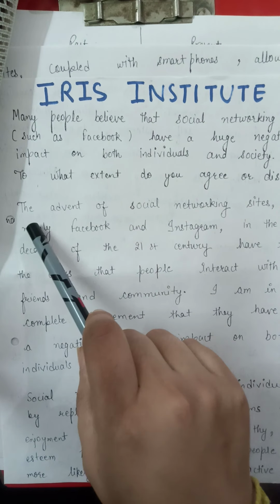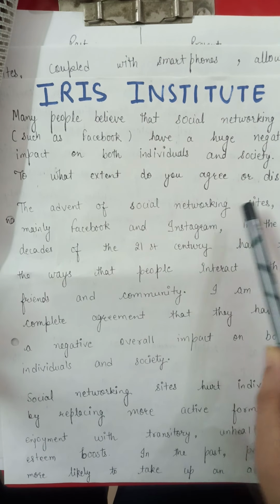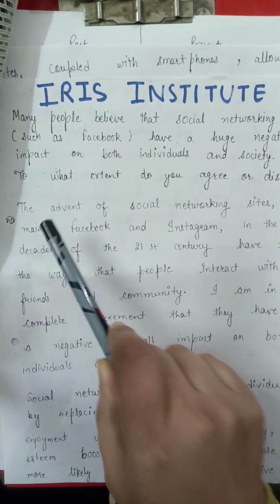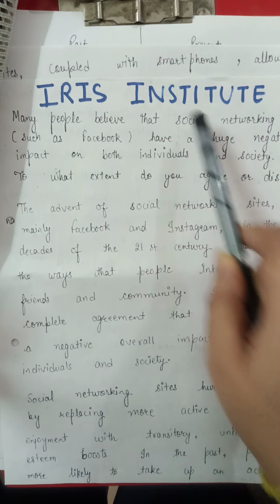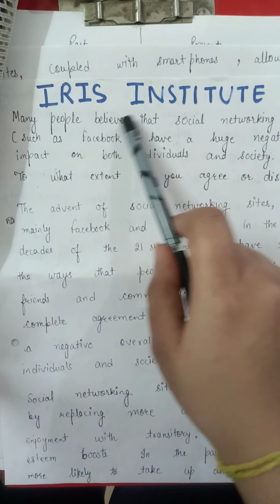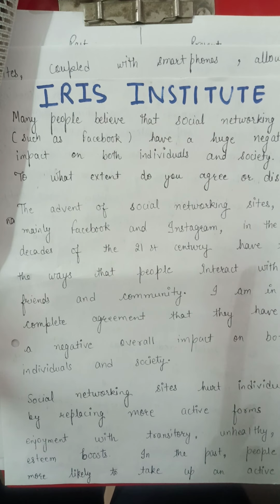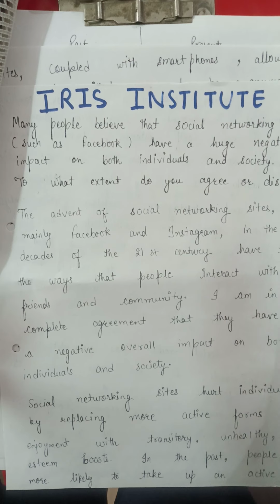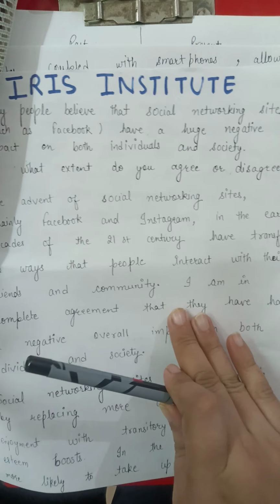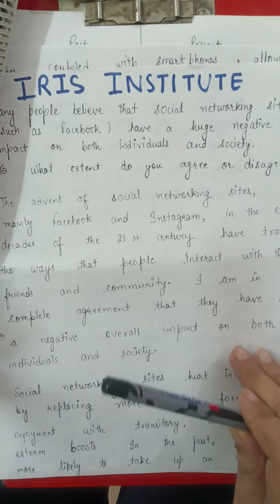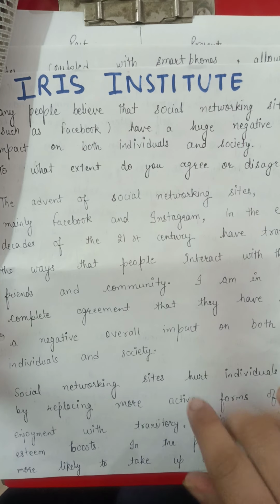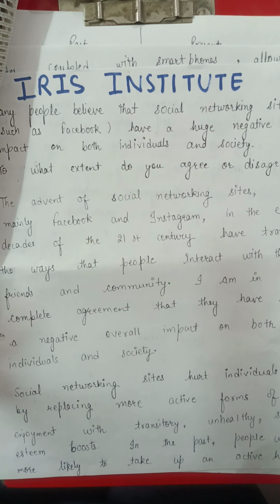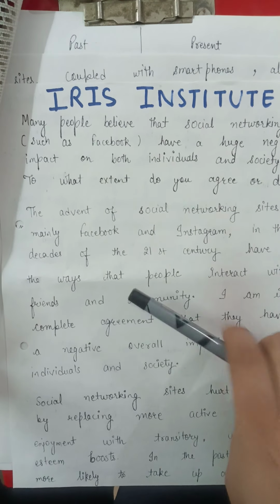Look, the advent of social networking sites, mainly Facebook and Instagram, in the early decades of the 21st century have transformed the ways that people interact with their friends and community. Look here, this is also the same. What does it mean?